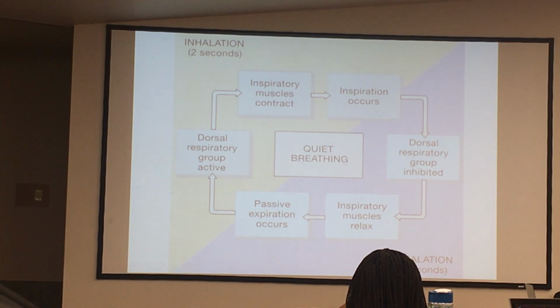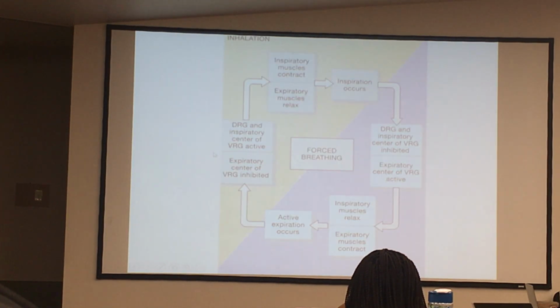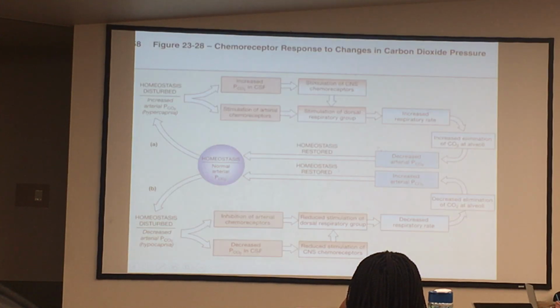And they have a figure here. In quiet breathing, your resting condition, inhalation is controlled by the DRG. In forced breathing, it is the DRG plus the VRG. Don't worry about this.